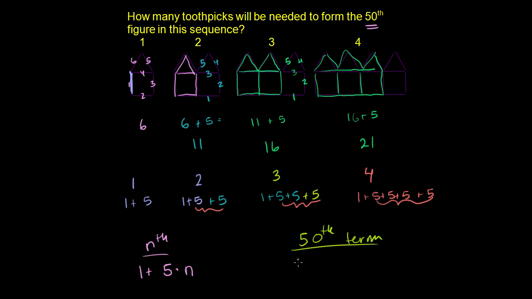We're going to have 1 plus 5 times 50. n is 50 here, and 5 times 50 is 250. And then we add 1. We're going to have 251 toothpicks will be needed to form the 50th figure in this sequence.